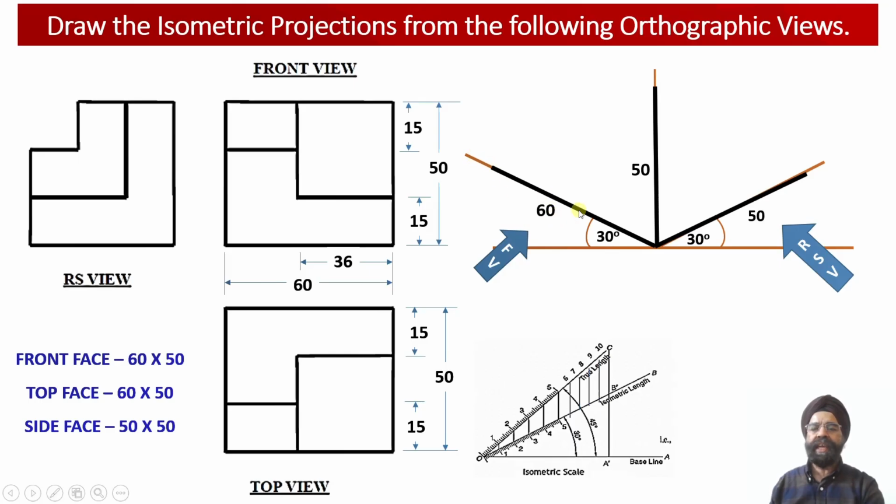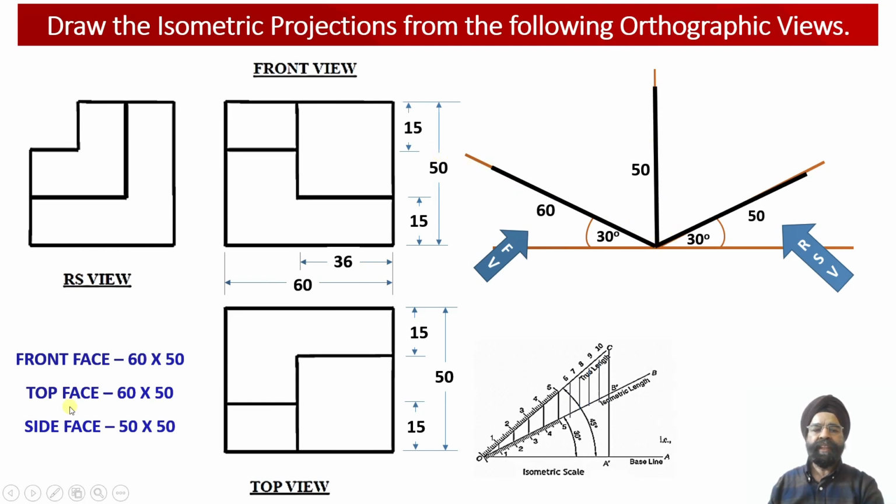Along the XY isometric axis, we are going to obtain the front view projection corresponding to this face of the object. So now we can check the front view face. It is going to measure 60 millimeter by 50 millimeter and the projection will be drawn onto the XY plane.